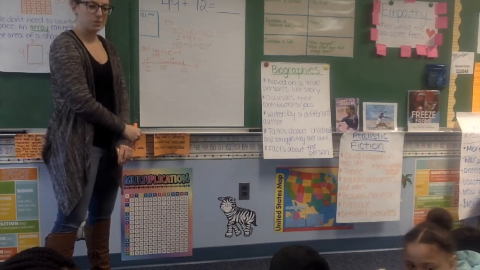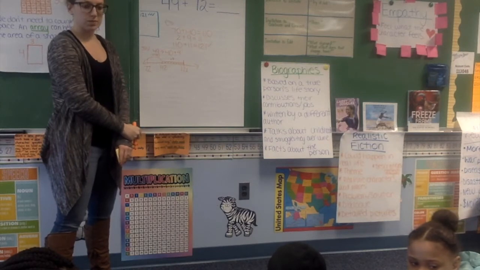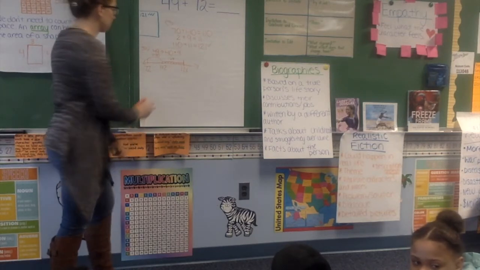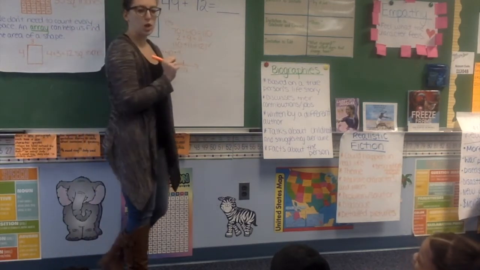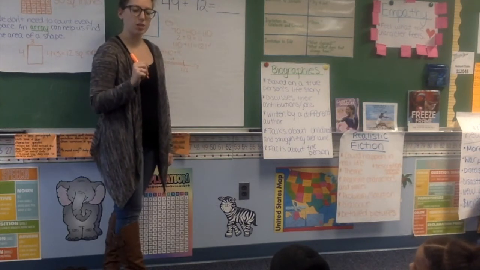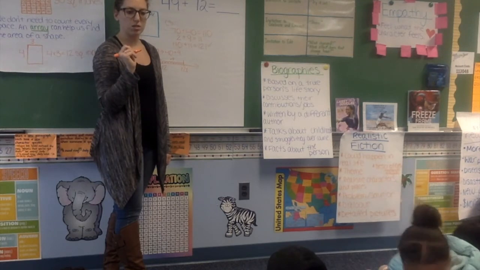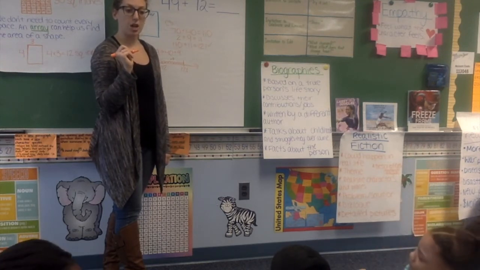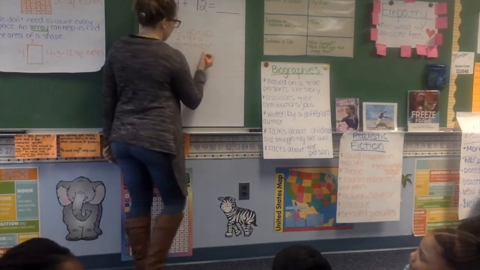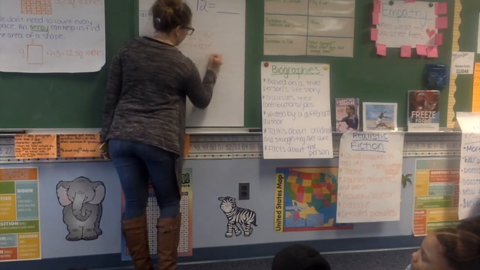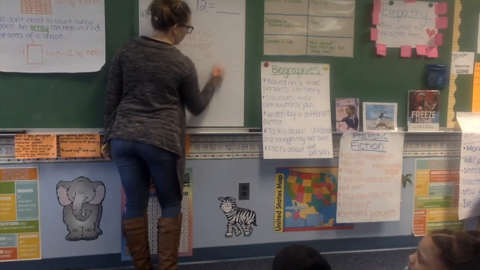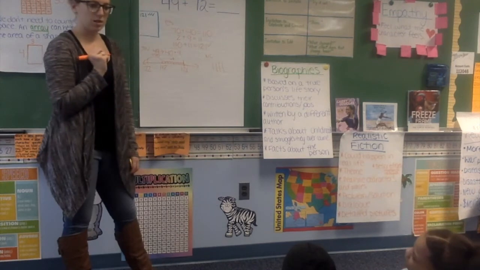So you put 4 tens. Are you talking about a picture that you made, or are you talking about numbers? Like the base 10 blocks? Yeah. Okay. So you said put 4 tens, 9 ones.